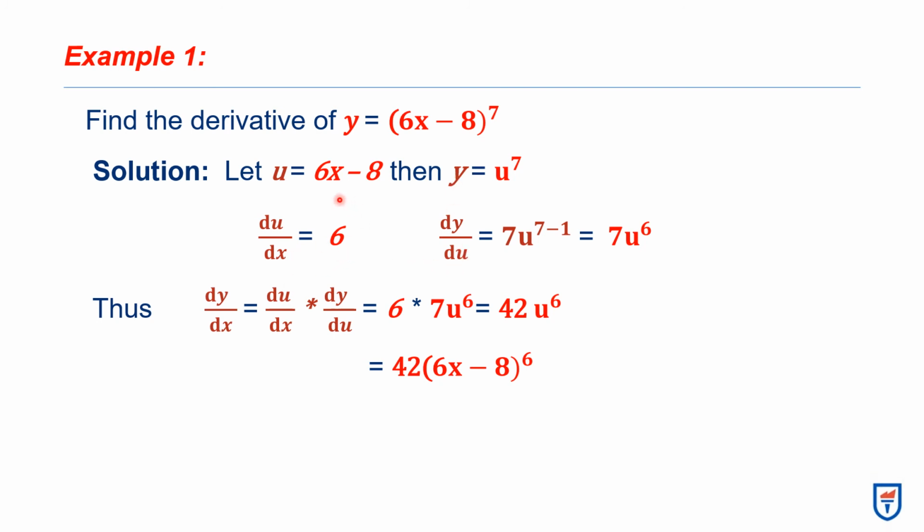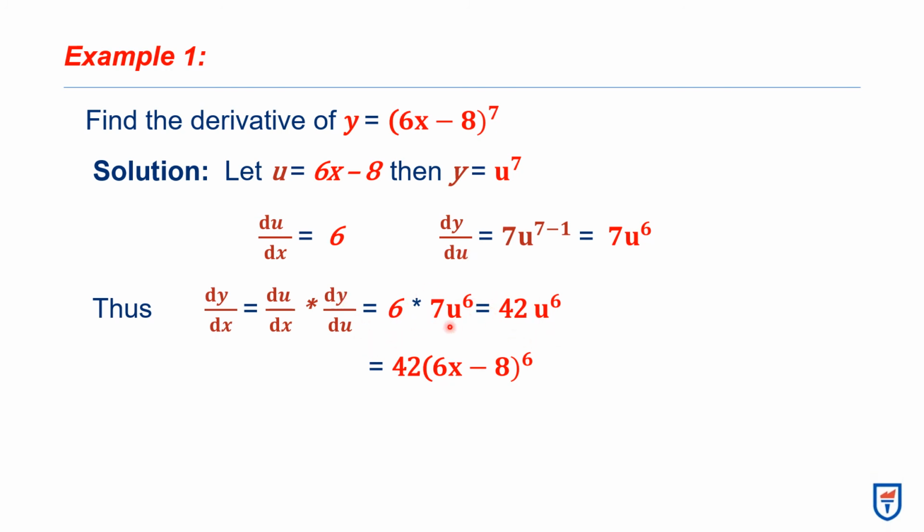After differentiating, we've got our inner and outer differentiation. We need to multiply our inner result of differentiation and our outer function differentiation. So for us to find dy/dx, we say du/dx times dy/du is equal to 6, which is du/dx, times our dy/du, which is 7u to the power 6.